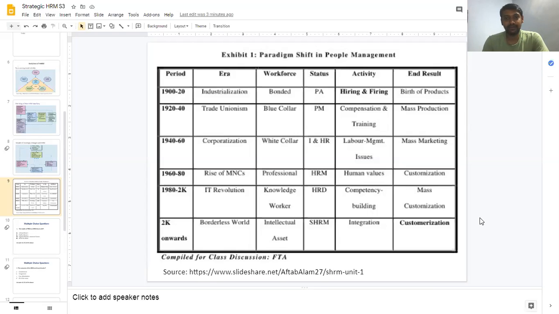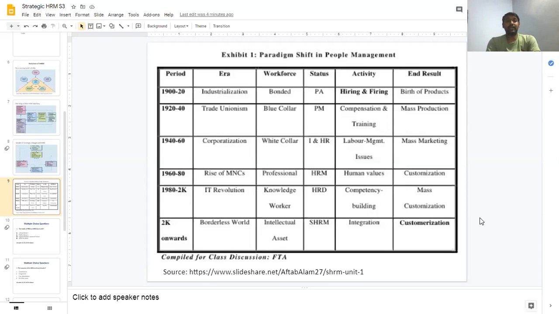The activities considered human values, and human values and their ideas were given preference. The end result was customization. Knowledge development and training were given, their ideas were considered, and they had a certain freedom to accomplish their tasks. So this is the era of MNCs during the 1960s to 80s.